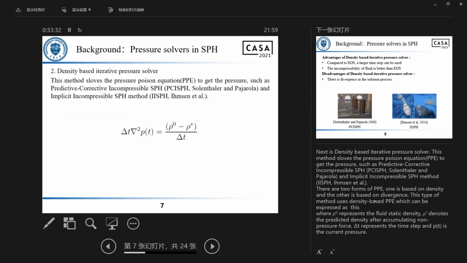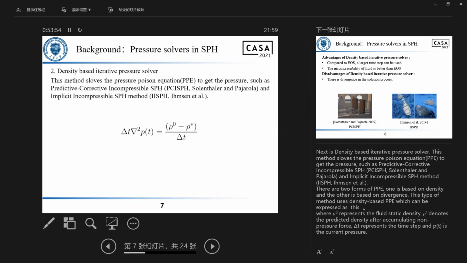Next is density-based iterative pressure solver. This method solves the pressure Poisson equation, PPE, to get the pressure, such as PCISPH and IISPH. There are two forms of PPE. One is based on density and the other is based on divergence.